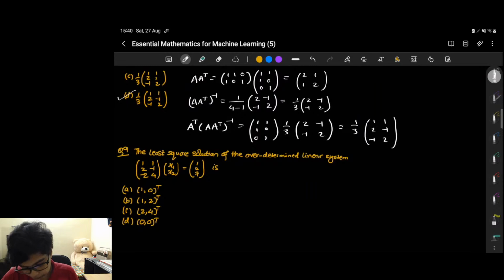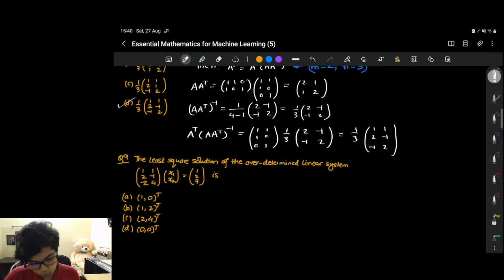Next, we have a question based on the least square solution of the overdetermined linear system. You know, if you have n linear equations and n variables, you can find a unique solution to those linear equations.